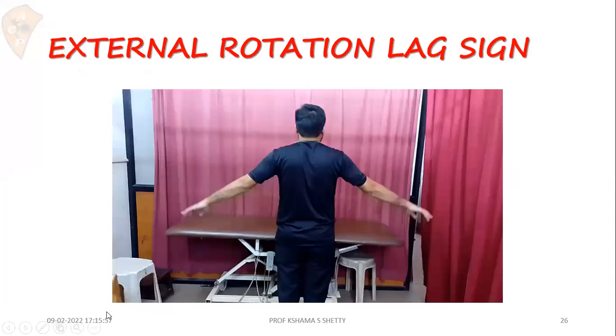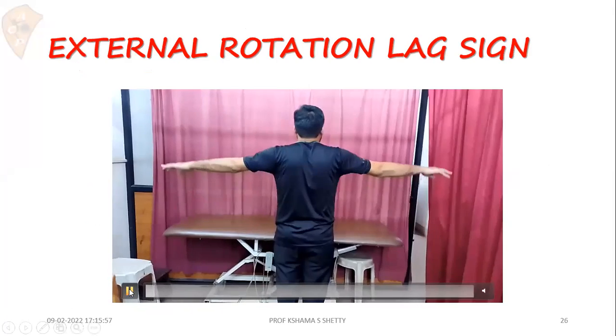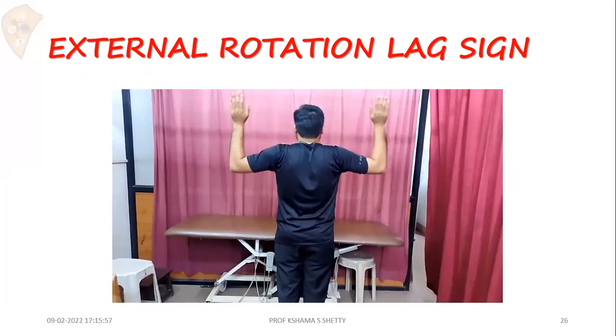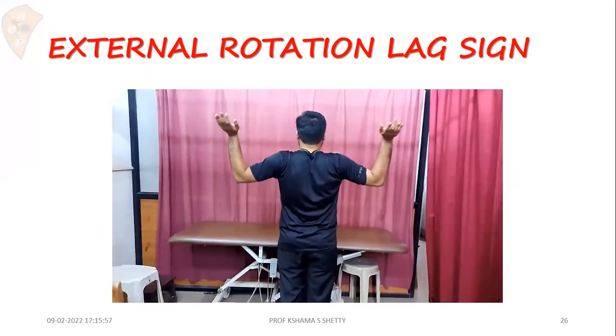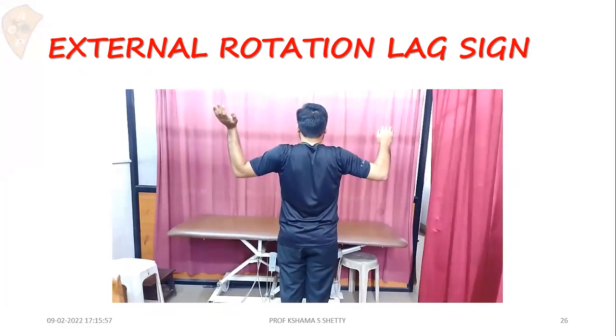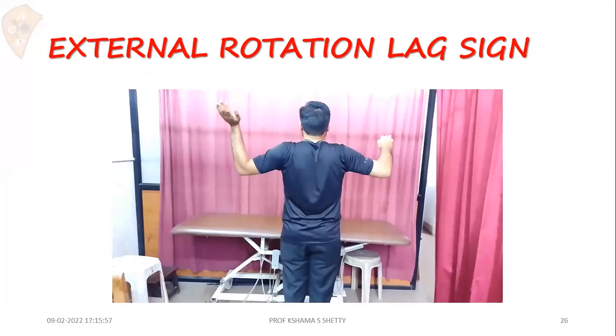For the external rotation lag sign, you take the arm in abduction, elbow in 90 degrees flexion, and externally rotate. If the patient is not able to hold the external rotation and it comes forward into neutral, that means this test is positive.